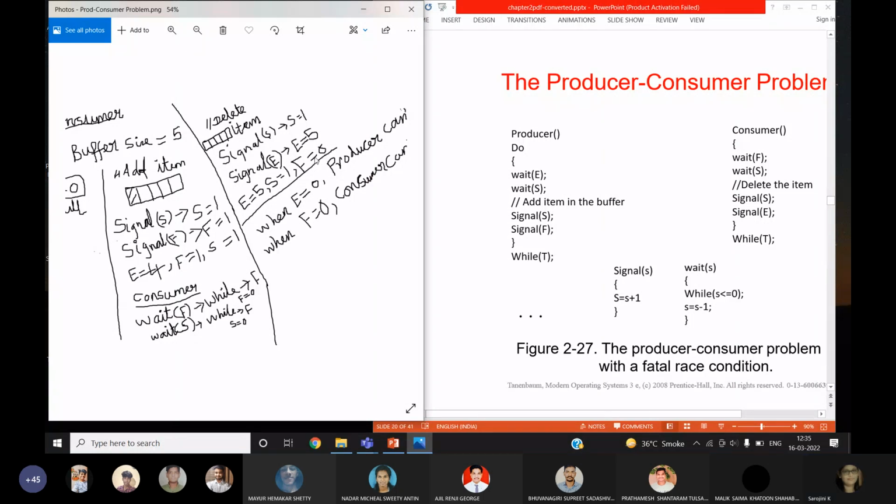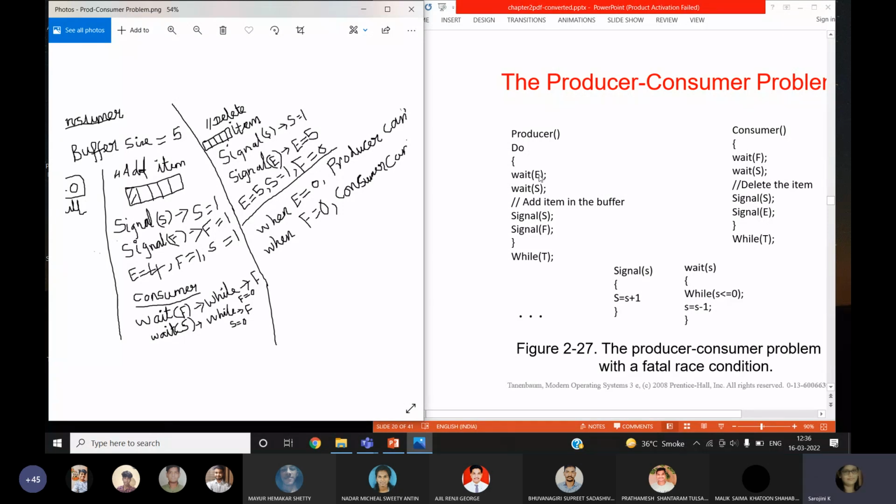Okay. Simply, what is the algorithm? If producer or consumer, before entering the critical section, there are two functions it has to execute. If it is a producer, the producer should execute the empty buffer wait. Because empty buffer should not be 0.